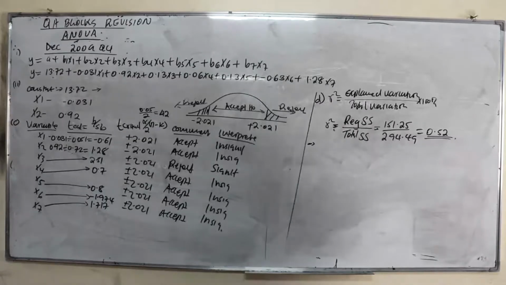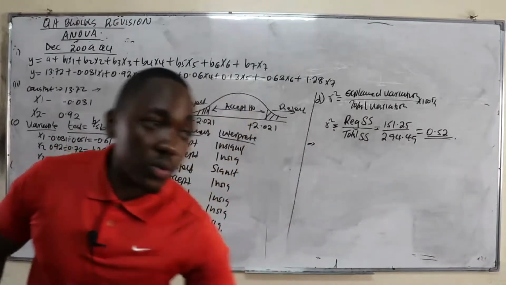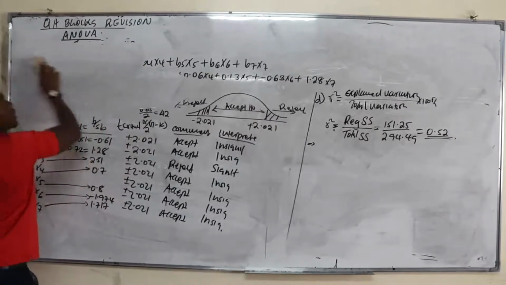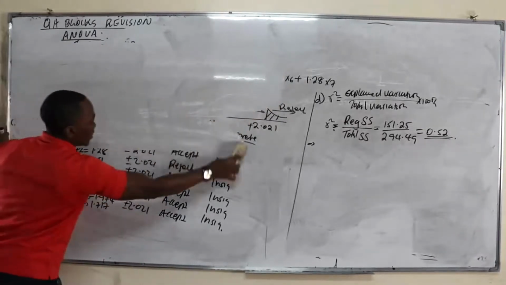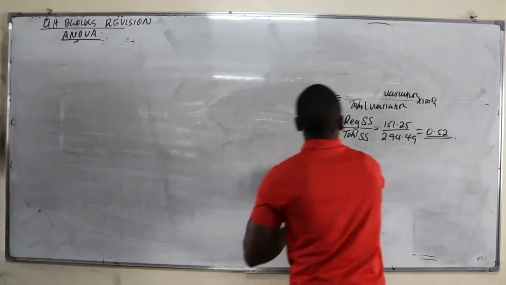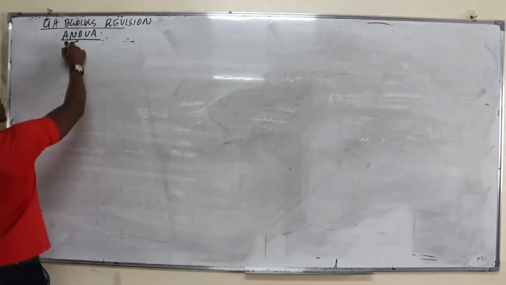So November 2016, question 2C. I want you to discuss that with your neighbor or your friend at home for the next 1 minute. November 2016, question 2C. Just go through the question.